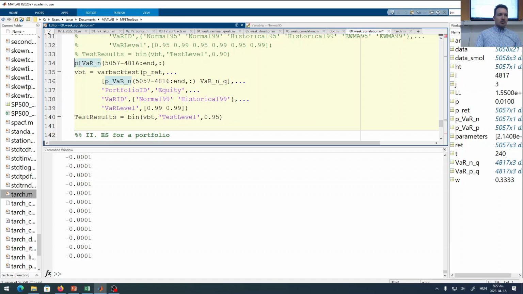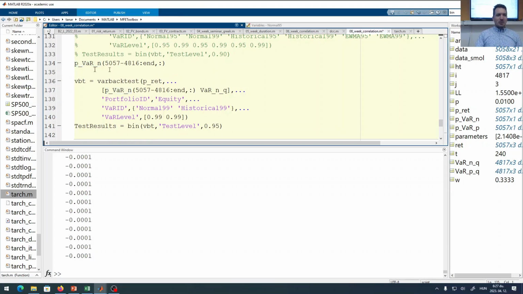Okay, so we have two issues right now, because one is not weighted and the other is not the appropriate length. So VaR small. And the other thing is that this is not a portfolio.